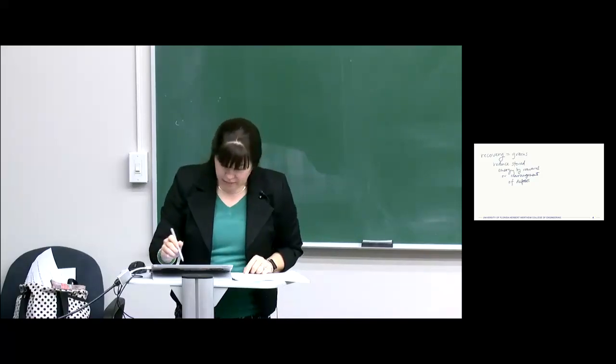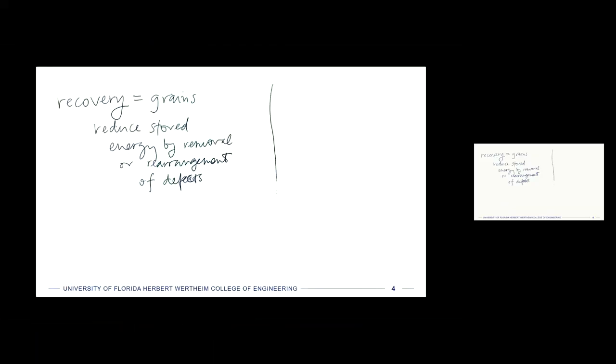And so when that happens, I'm just going to draw a plot here of the shear stress and shear strain, kind of like what we had before. And I'm going to draw the strain hardening at different temperatures. So now we can see how that manifests. Okay.